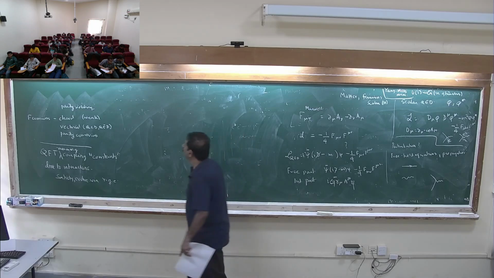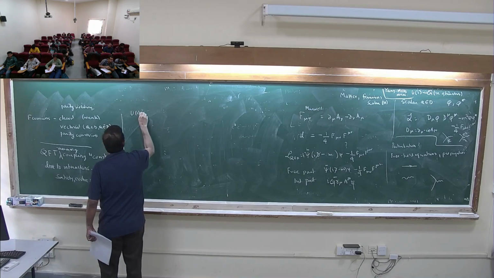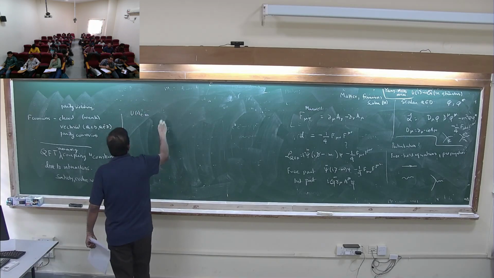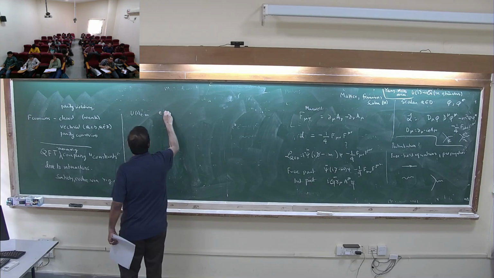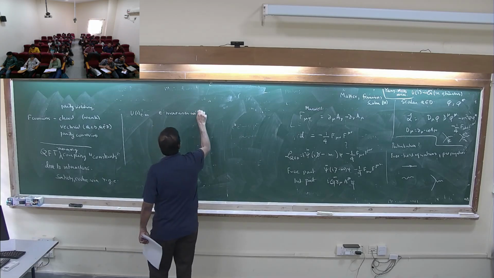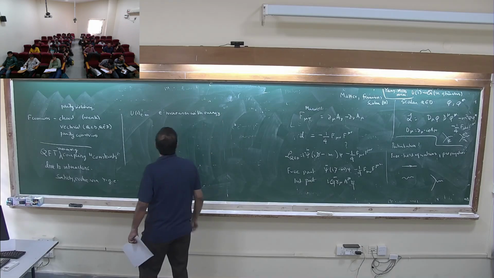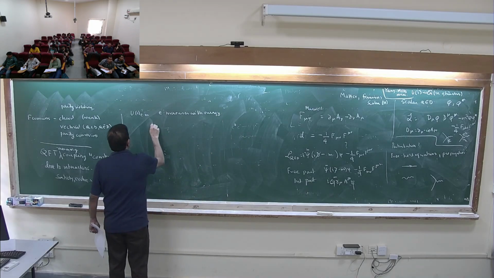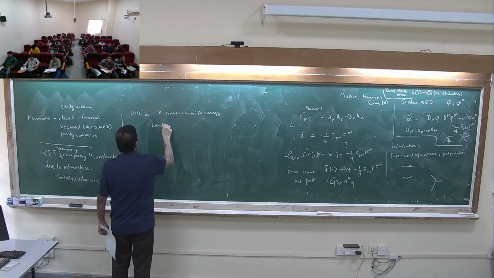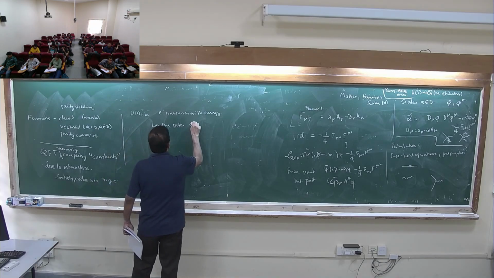So there are two kinds. In U(1) electromagnetism, the coupling constant e increases with energy and eventually meets something called a Landau pole, where it diverges.